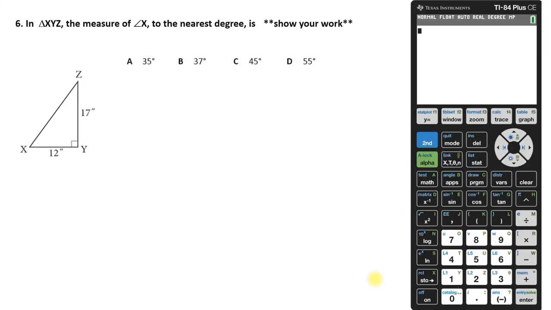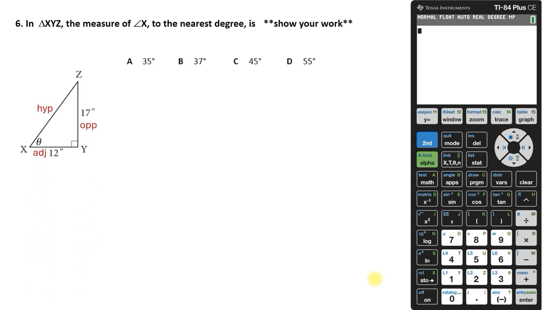Question 6. In triangle XYZ, the measure of angle x to the nearest degree is one of the following. So, we're told that x is going to be our reference angle. So the first thing we need to do is label our sides relative to the reference angle.